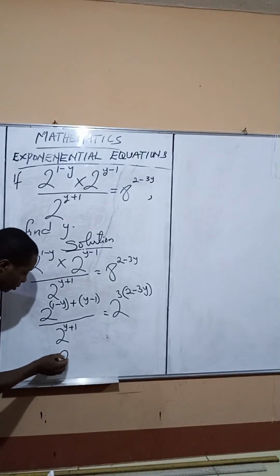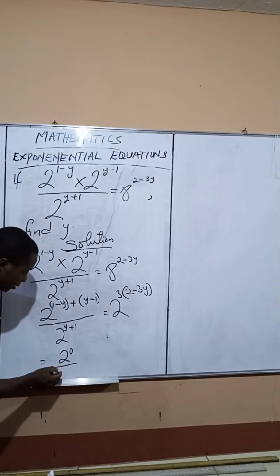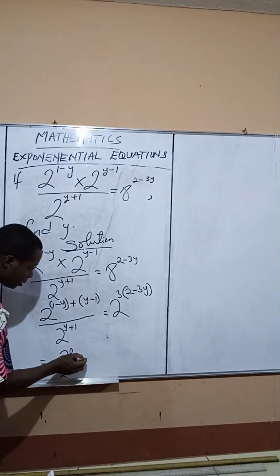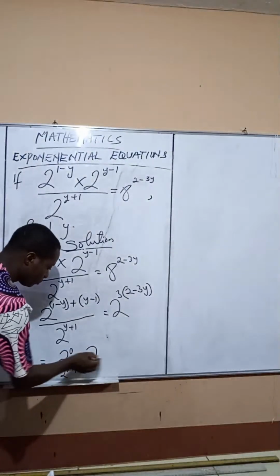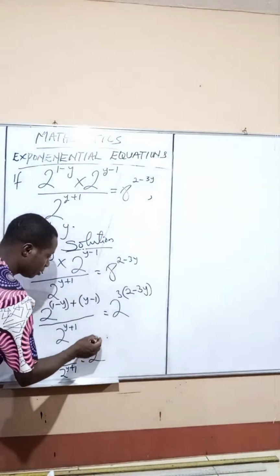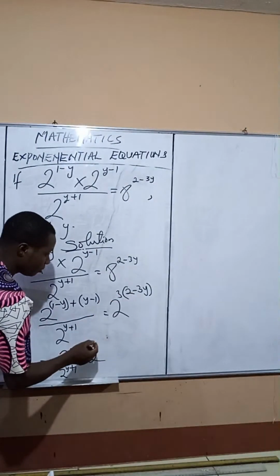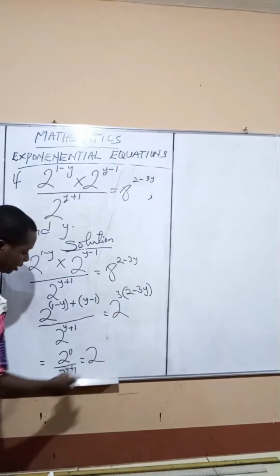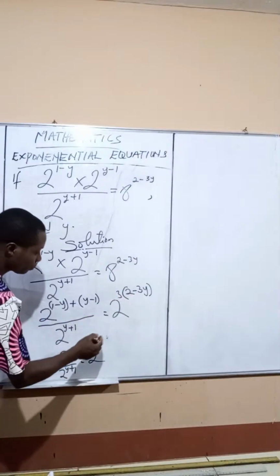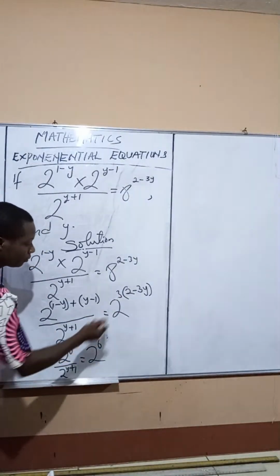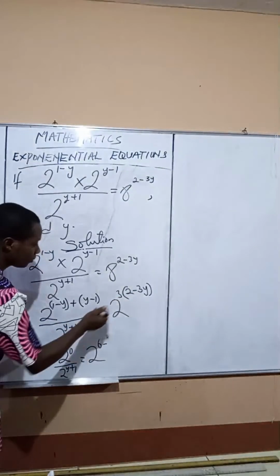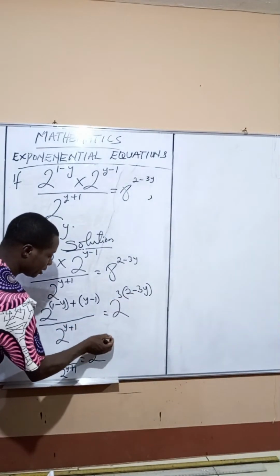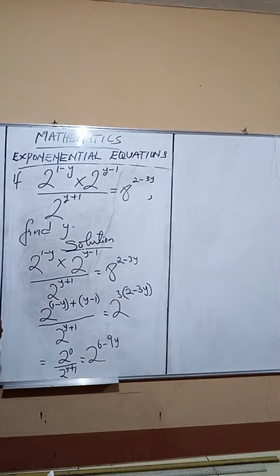That gives 2 raised to 0 divided by 2 raised to y plus 1 equals 2 raised to 3 times 2 minus 3y. Let's just do it that way. 3 times 2 is 6, this is minus, then 3 times 3y is 9y.